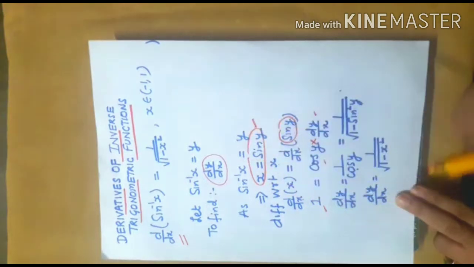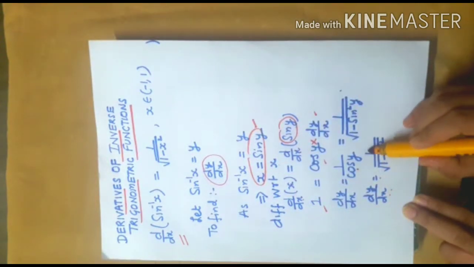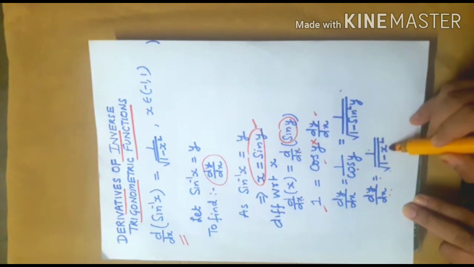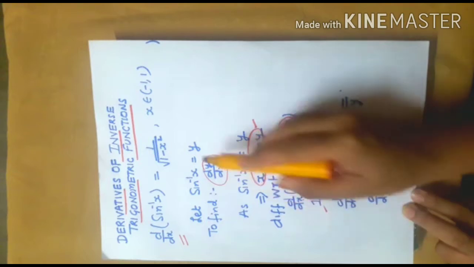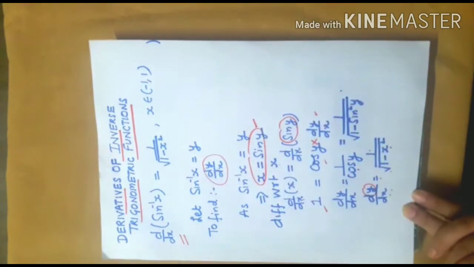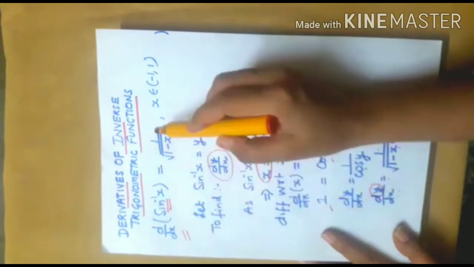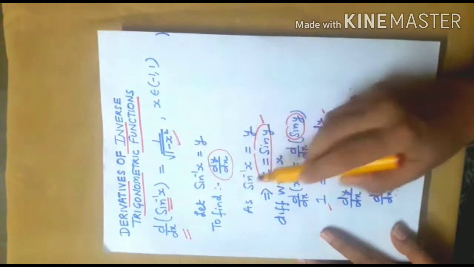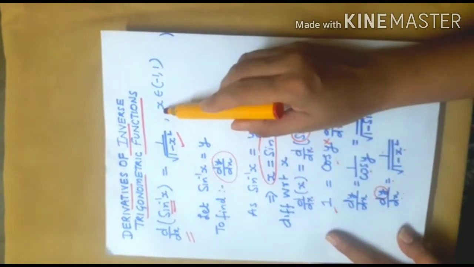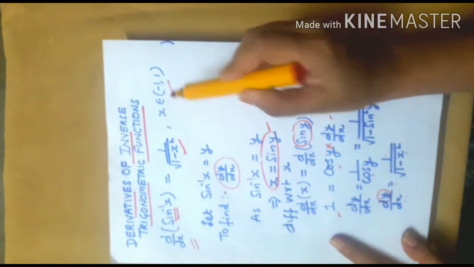Sine y is your x, so I'll get dy by dx is equal to 1 over square root of 1 minus x square. Now what was y? Y was sine inverse x. So we get the derivative of sine inverse x is equal to 1 over square root of 1 minus x square. And x should belong to the open interval minus 1 to 1.